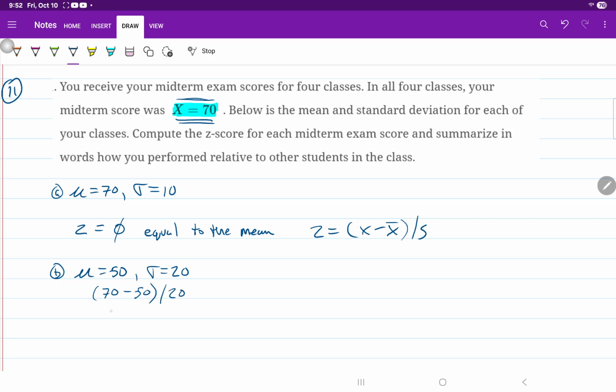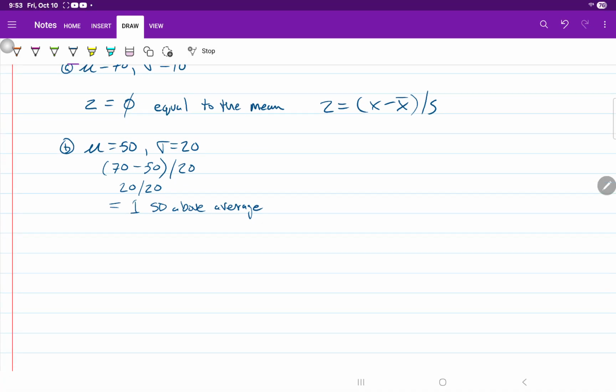And you can see 20 divided by 20 equals 1. So you scored 1 standard deviation above average, 1 SD above average. So you can be pretty happy about how you did in that class, whatever class B was.